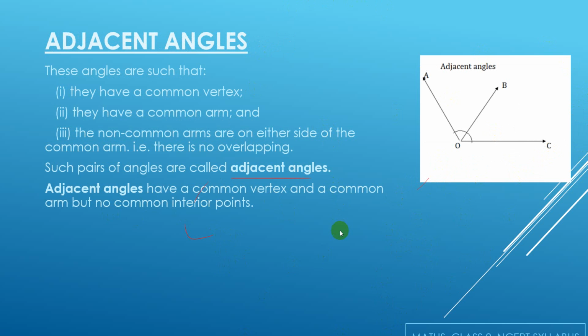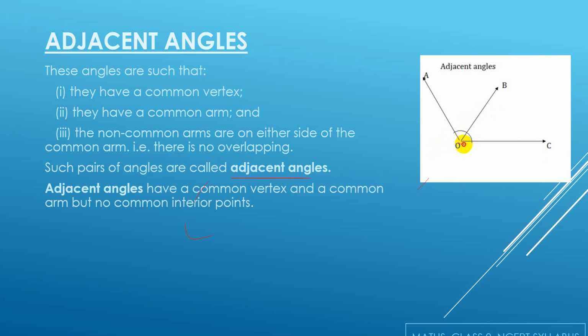So, as we all can see in this figure, angle AOB and angle BOC have a common vertex at O. And angle AOB and angle BOC have a common arm BO.